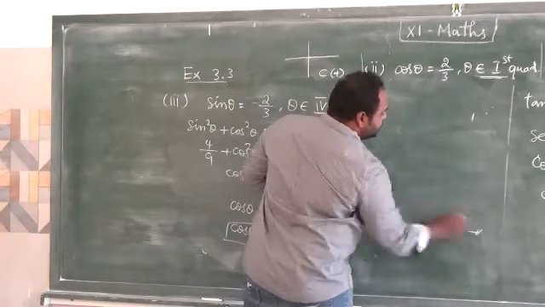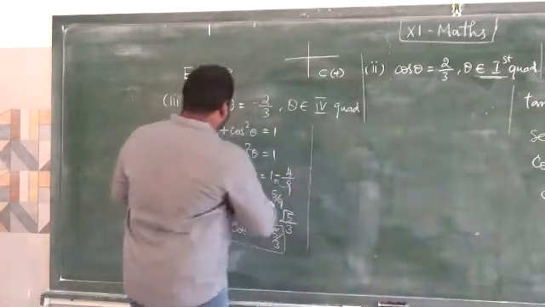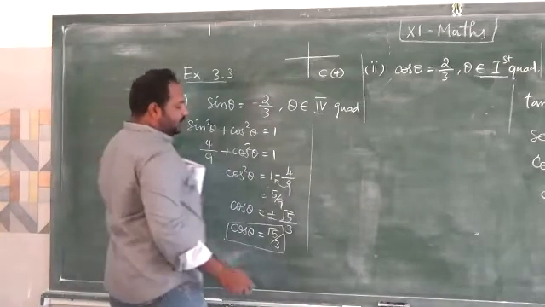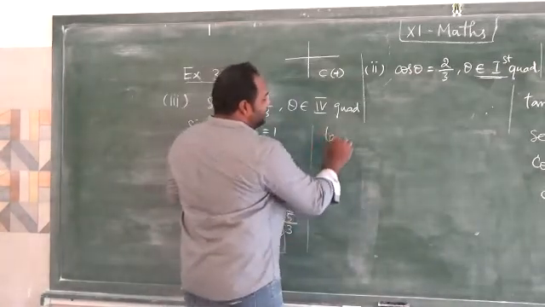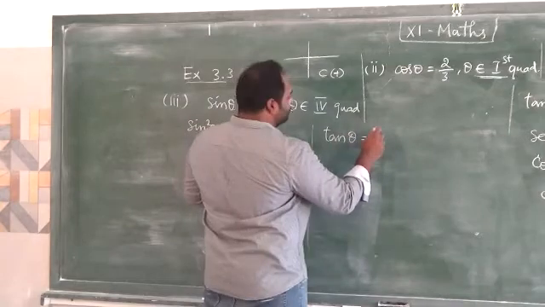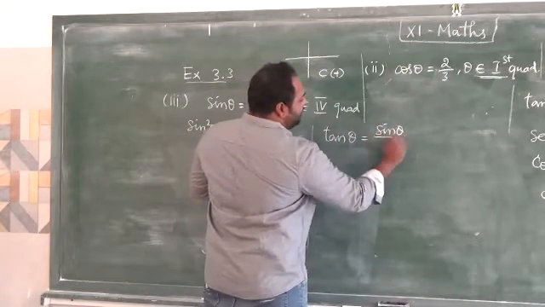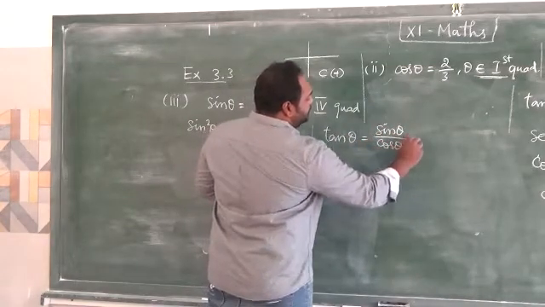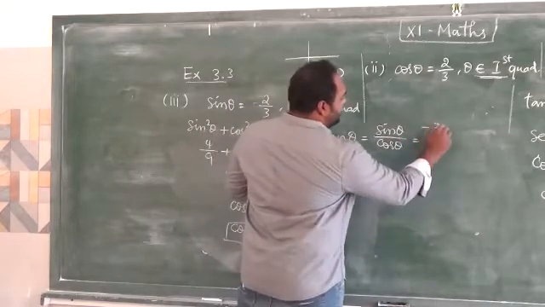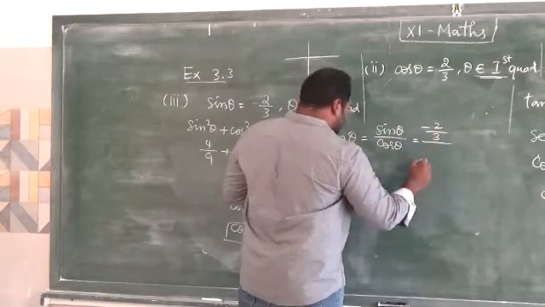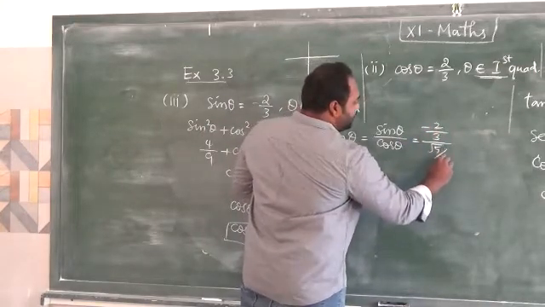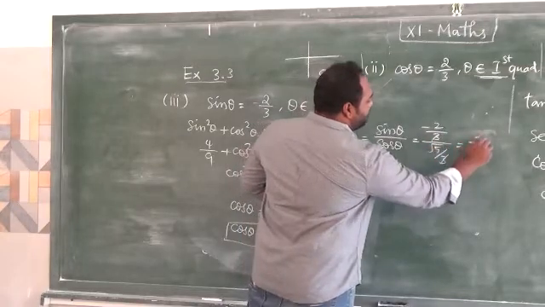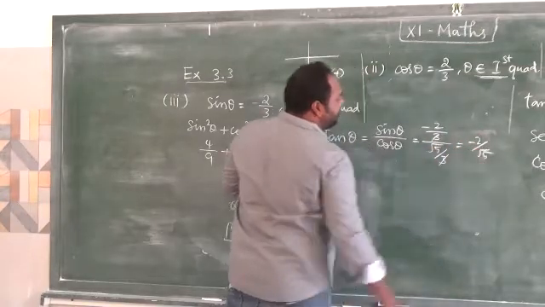Next, the ratios. Now we know the sin value and cos value. Next, the tan value. Tan theta equal to sin theta by cos theta, which is minus 2 by 3 divided by root 5 by 3. If I cancel this, it is minus 2 by root 5.